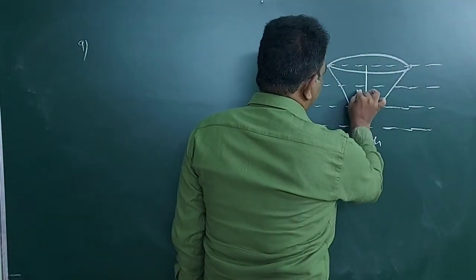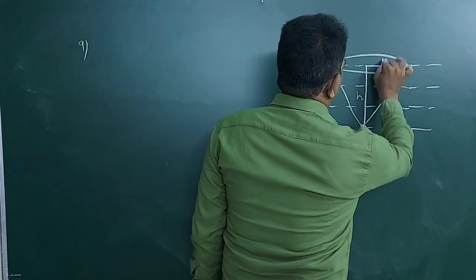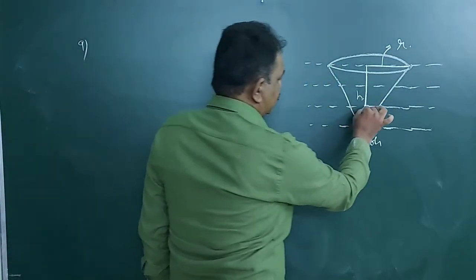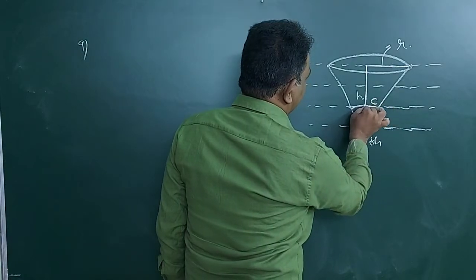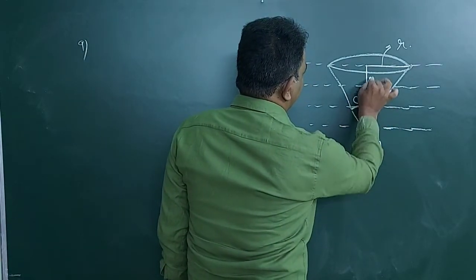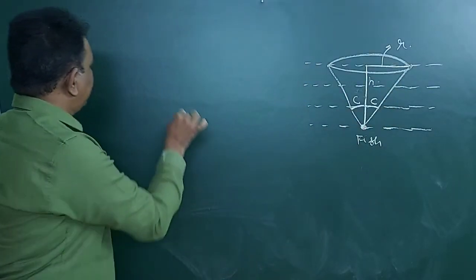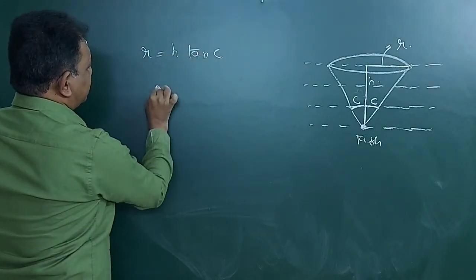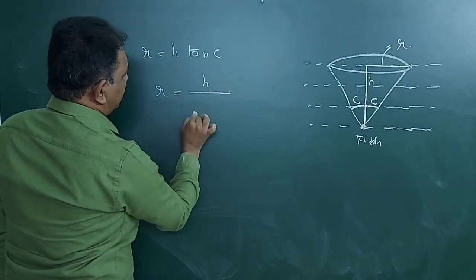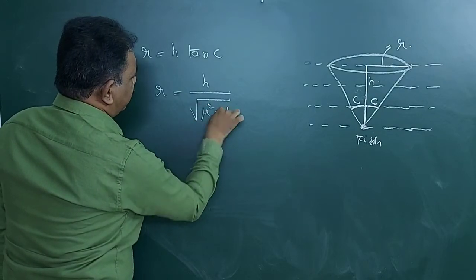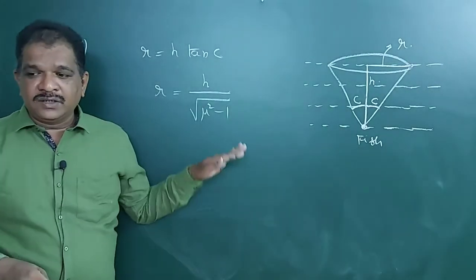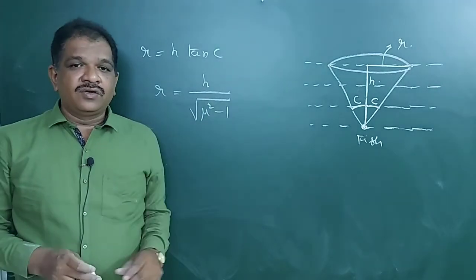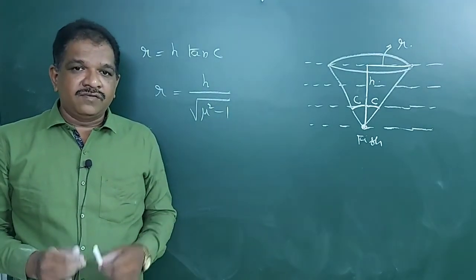This depth is h, this radius is r. Find that r. This angle will be the critical angle. That radius value r is equal to h tan C, or h by square root of mu square minus 1. Using these formulas, we will find the radius of the circular part that the fish can view.